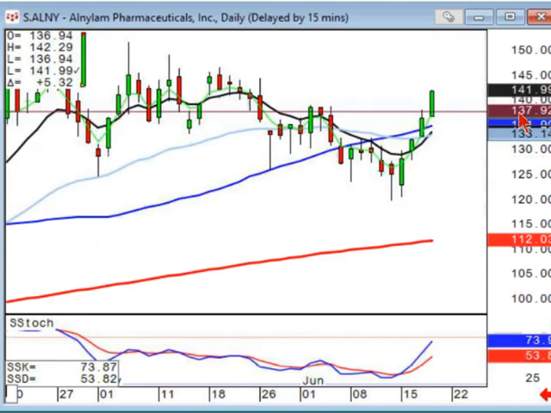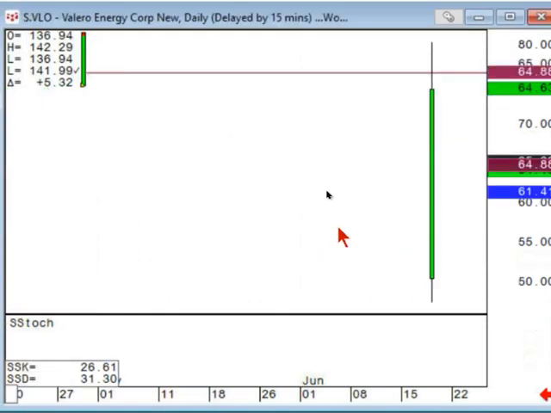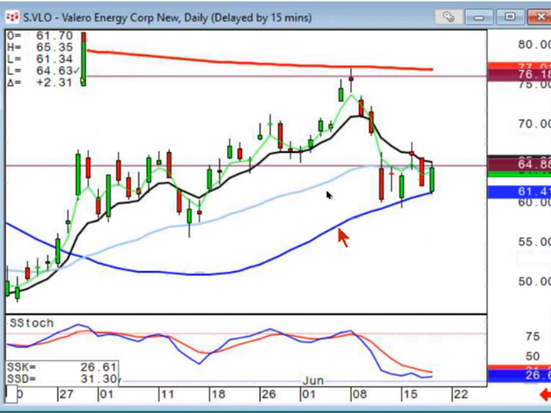ANLY, you stay long. Your bullish engulfing hammer signal broke this downtrend. Just stay long on this one. Valero, nothing here yet.